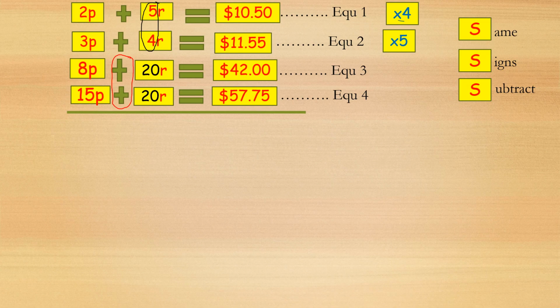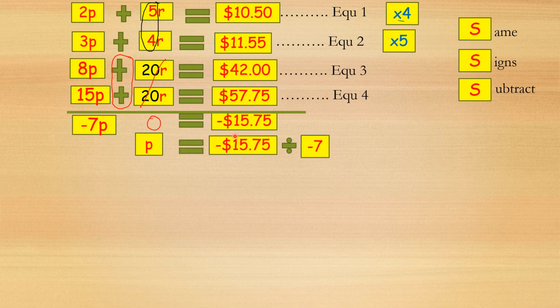So when you take 20 from 20, you're going to get 0. And then we're going to take 15 from 8. It's going to give us a negative 7. Negative 7P. Then we take 57.75 from 42. We're going to get a negative $15.75.